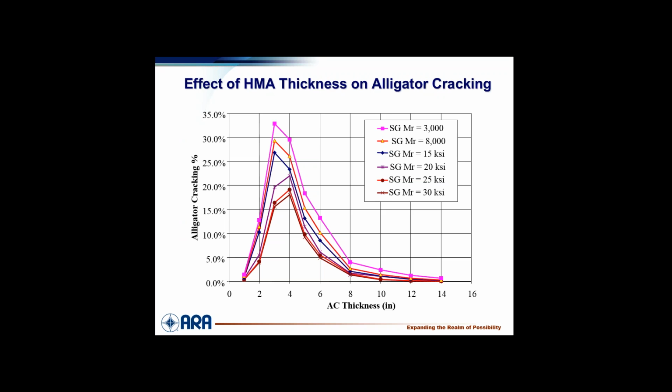If you look at this now from a mechanistic point of view, what happened? Well, here's asphalt thickness. This is the elastic layer program. Here's our prediction of alligator cracking, but you could put tensile strain at the bottom of the AC right there. And you see that, as in many classes we show this and say, well, if you're 3 or 4 inches thick, for some reason you really get a high strain in the asphalt.